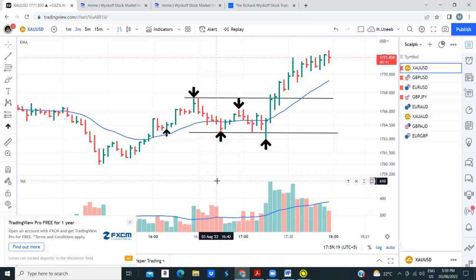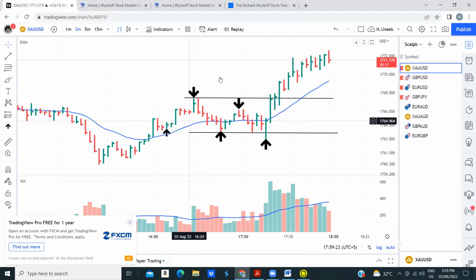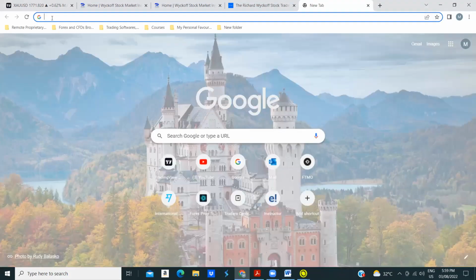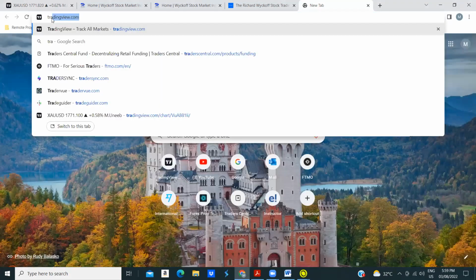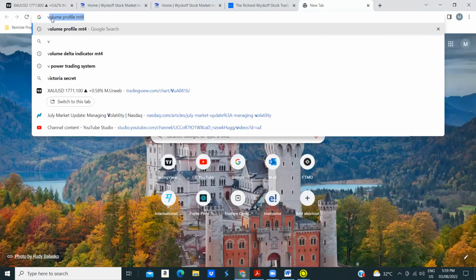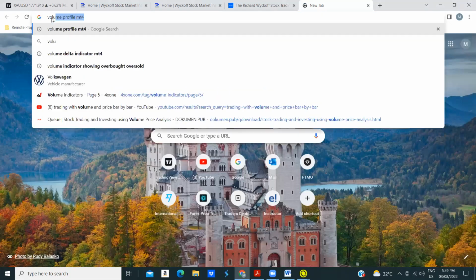There is a theory besides it. Okay, I will let you know now. For example, let me show you. There was a book here. I think it was a volume profile book, right?